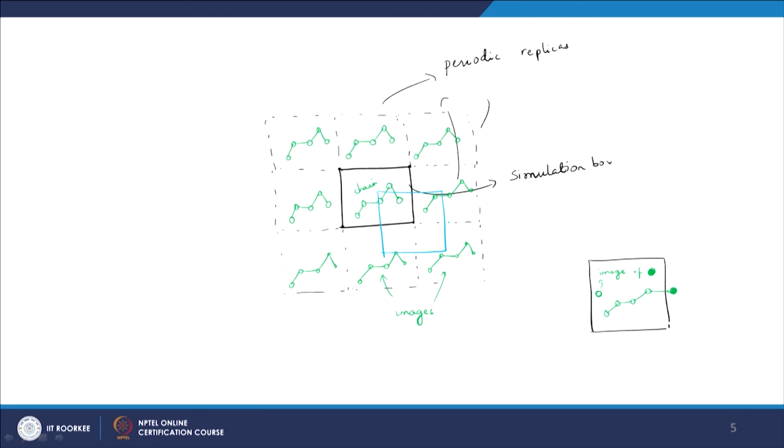This is equivalently a simulation box, because again we will have the polymer chain and its replicas. Everywhere I place this simulation box in the volume, as long as the volume is held fixed, I am actually modeling the same system. Okay. And this is the whole essence of periodic boundary condition, and this is the way it helps you model an infinite system, and this is the one that is most commonly employed in all Monte Carlo simulations.